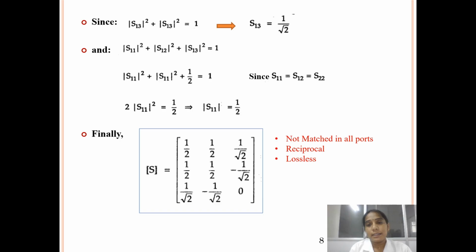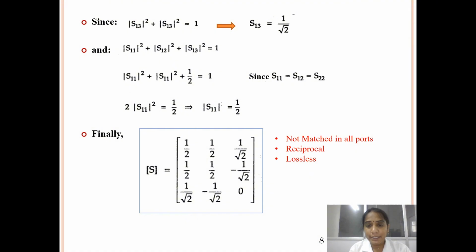We all know that S11 equal to S12 equal to S22. So by substituting all these values in the final S matrix, the value of S11 is 1 by 2, S12 also 1 by 2, S13 is 1 by root 2, and likewise I am substituting all the values in the final S matrix, and this is the value of the S matrix derived for E plane T.